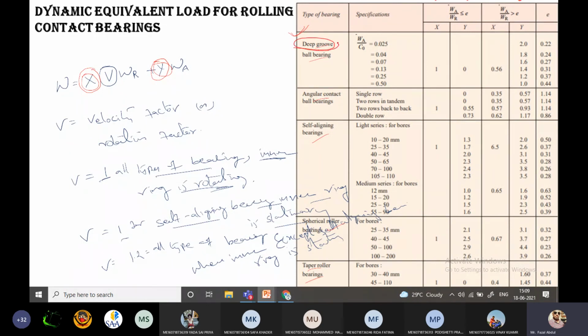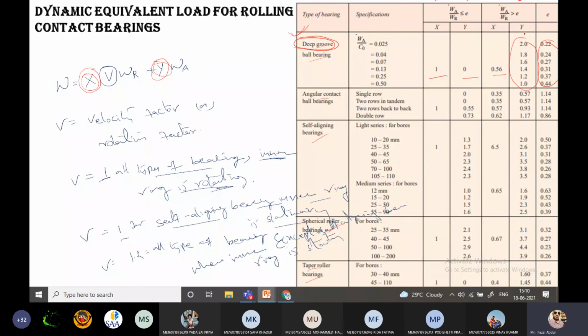Suppose a deep groove ball bearing is given. Then we can select from these values, and your question is which one we have to select.